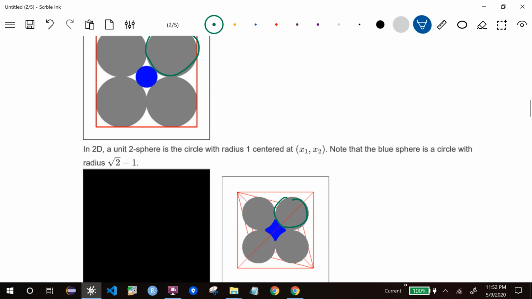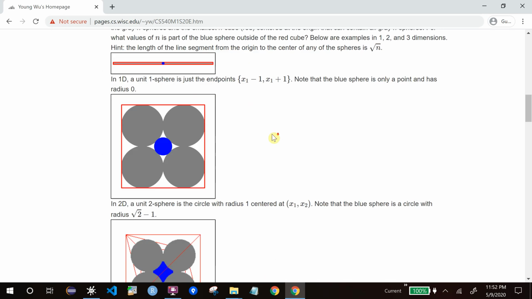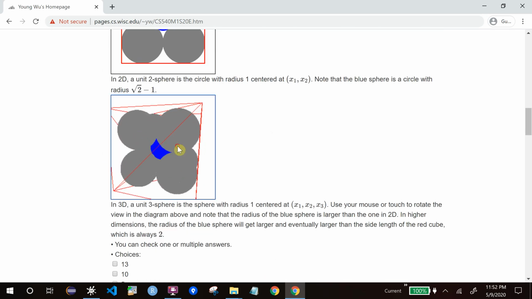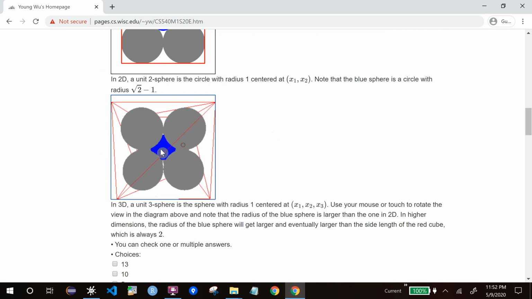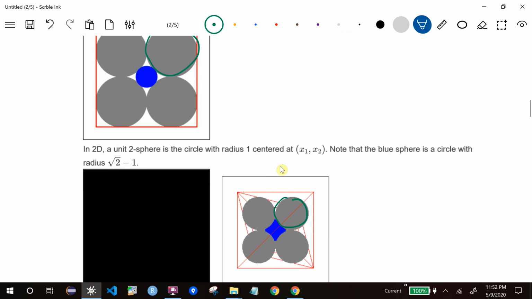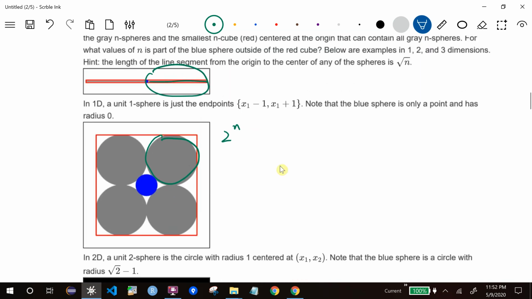So if you go to my website, you can rotate this, you can zoom in a bit, you can see that there are 8 spheres surrounding the blue sphere in the middle. So let's get back here. So we have 2 to the n of these, and we put a blue sphere in the middle. And we're asking, what's the size of this?